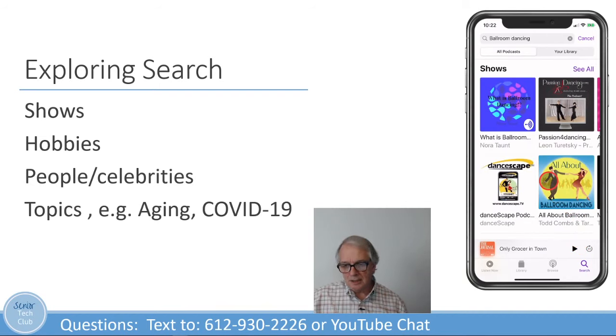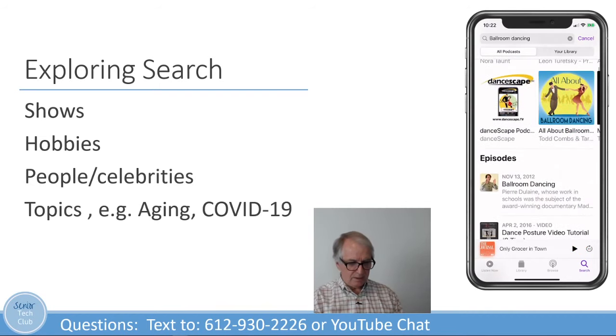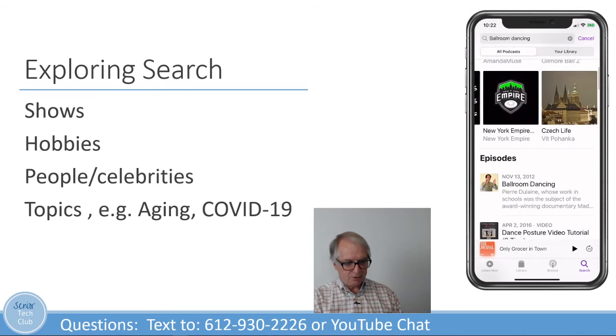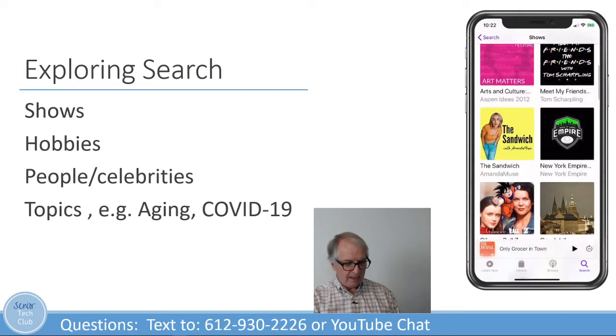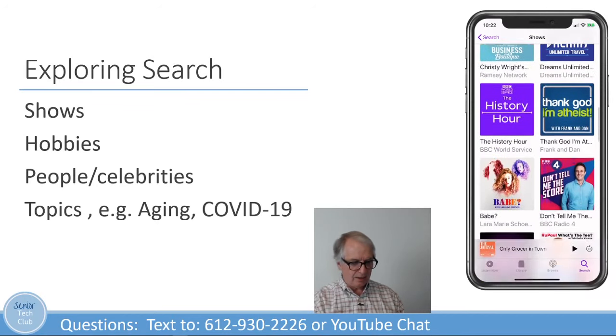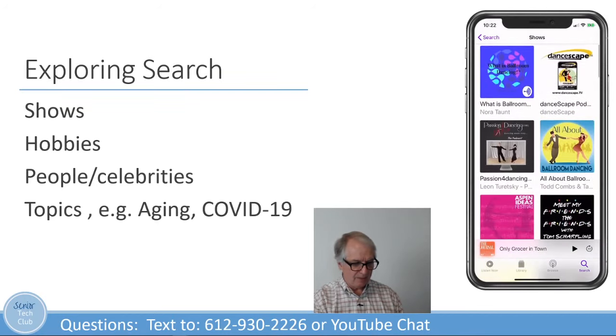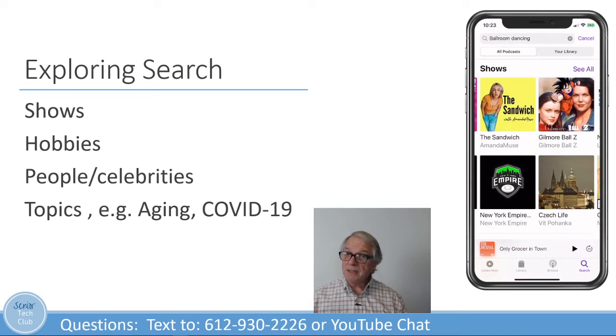And sure enough, here are some of the episodes of ballroom dancing. I can tap See All, and here is the entire collection. All right. Now, this might be podcasts that focus on the topic of ballroom dancing, or we could also be looking at a podcast episode that specifically addresses ballroom dancing.